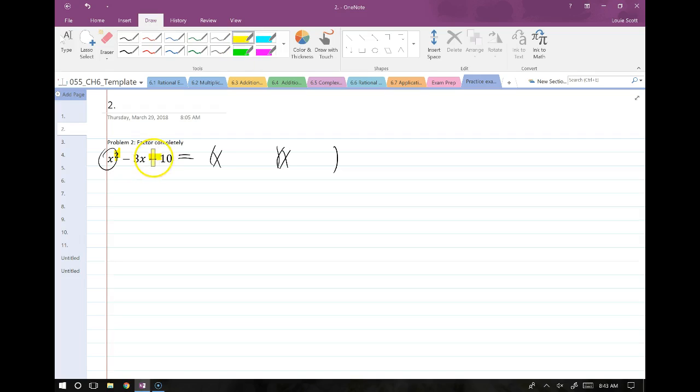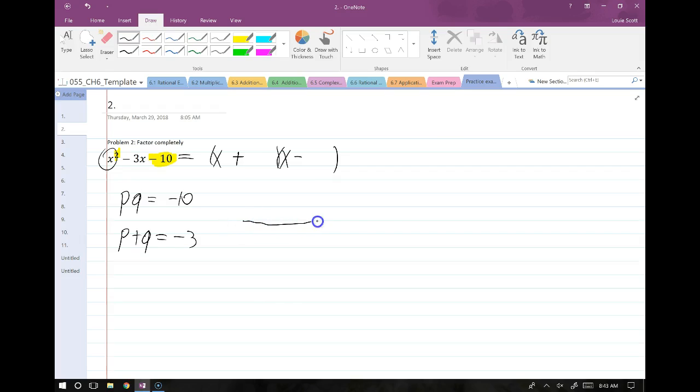Now I'm going to take a look at my last term, which is a negative 10. The only way to multiply 2 numbers and get a negative is to have a positive and a negative. So I'm looking for 2 numbers, p and q, such that p times q equals negative 10, and p plus q is equal to negative 3.